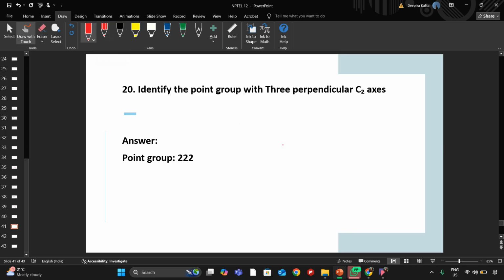And if we have to draw it, you can imagine a molecule of this type.